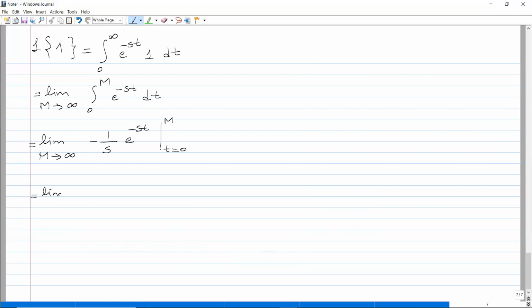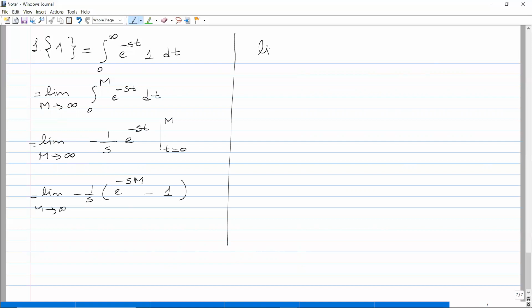So if I substitute m for t, e to the minus sm, minus, if I substitute t equals 0, e to the power 0, which is 1. So I need to take the limit as m goes to infinity of e to the power minus s times m. Here we regard s as constant. Now, think about this limit.